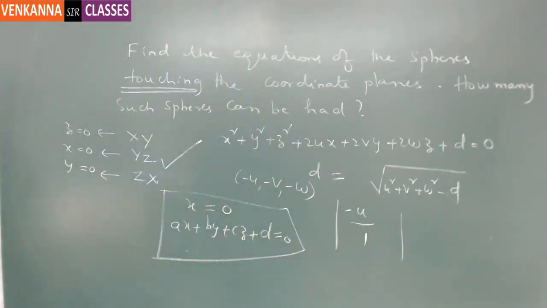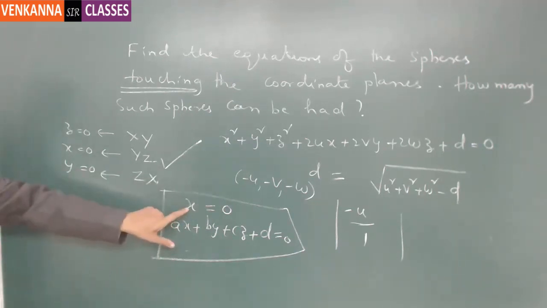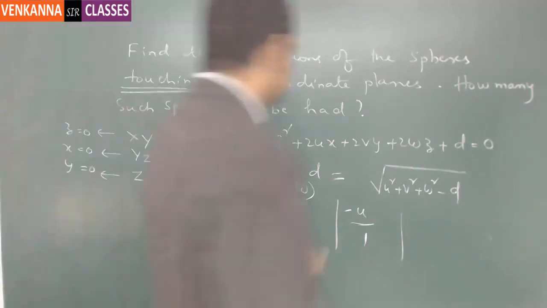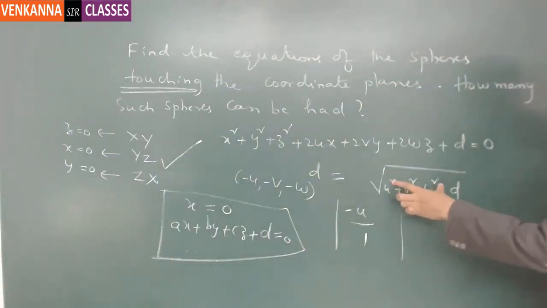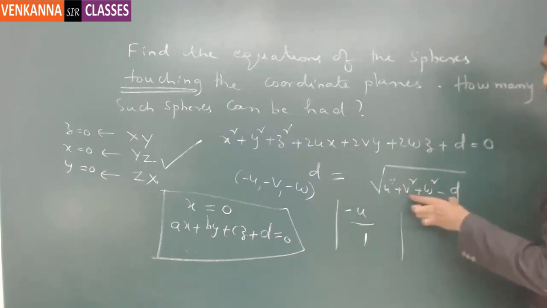Accepted? Please check the distance formula, all of you, for the center and this plane equation: modulus of ax1 plus by1 plus cz1 plus d by square root of a square plus b square plus c square. So you have distance equal to radius.